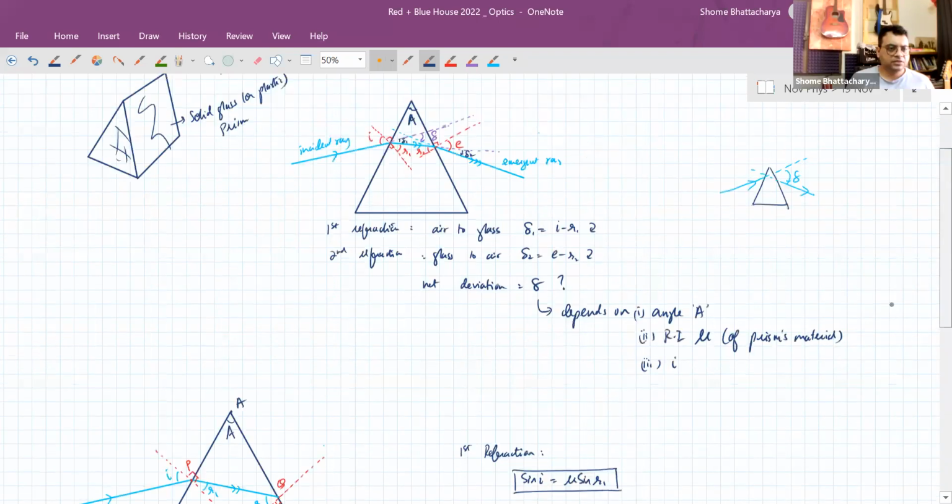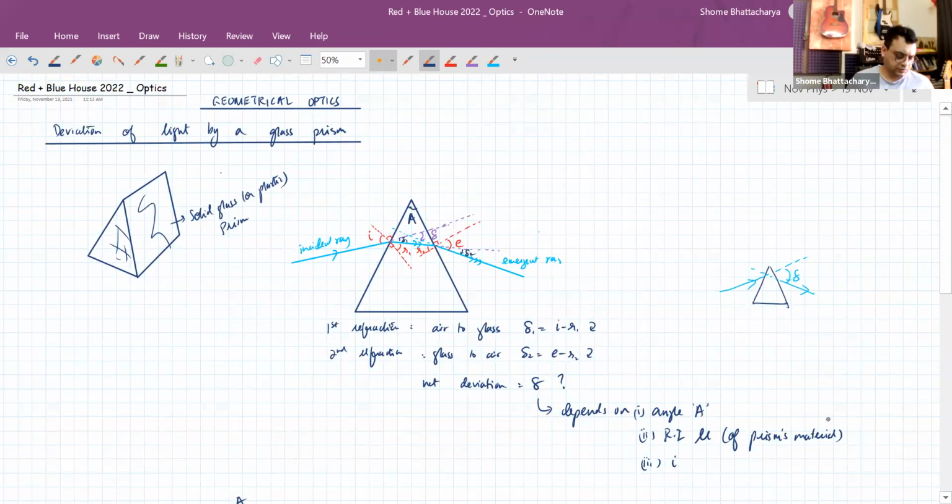So going back to the previous section for a moment, you'll see it's the same diagram now.